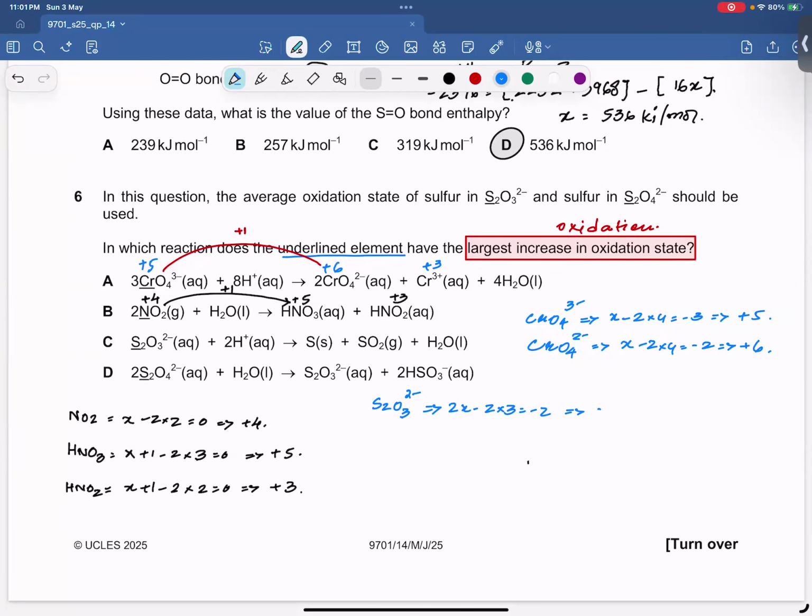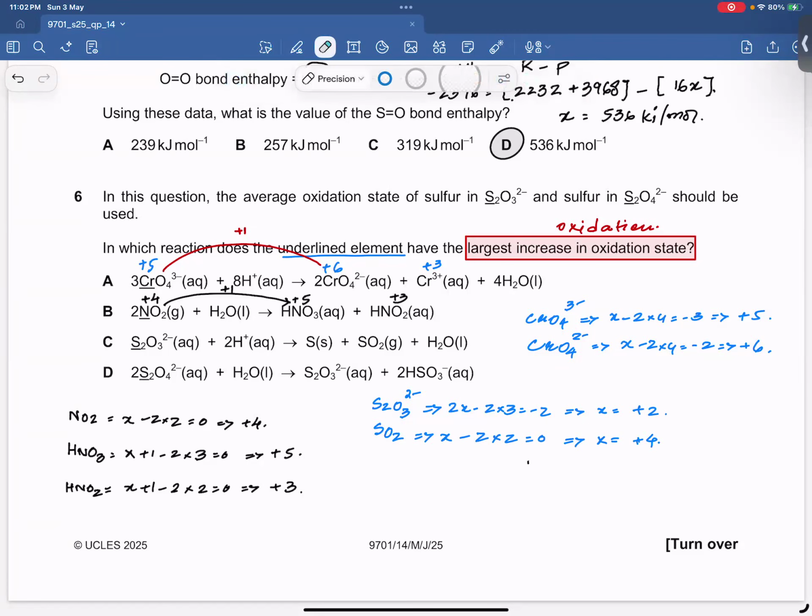Then the oxidation state of sulfur is going to be +2. And then we have sulfur dioxide. So sulfur is X, oxygen is -2, multiplied by 2 equals 0. Then the oxidation state of sulfur is +4.